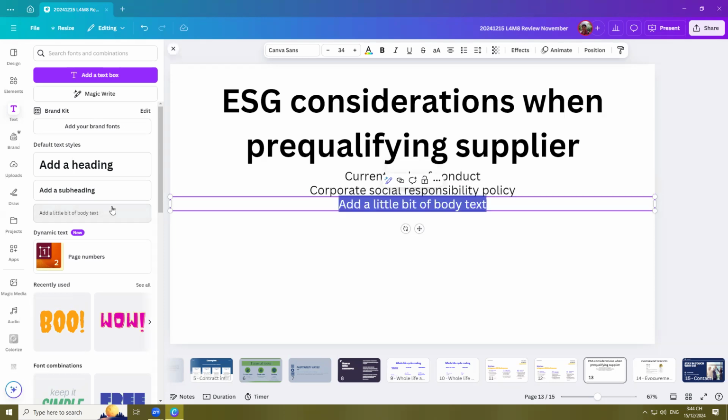Third, there are recent media reports on supplier performance or impact on environment.